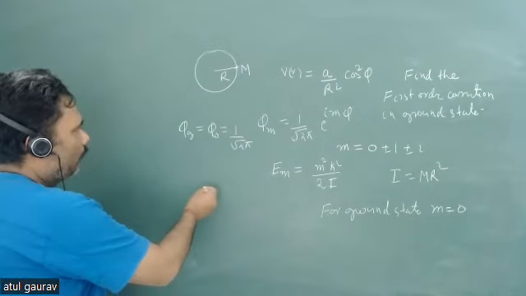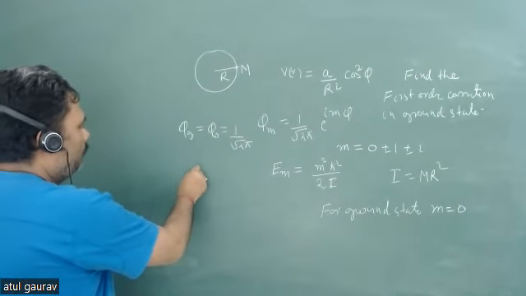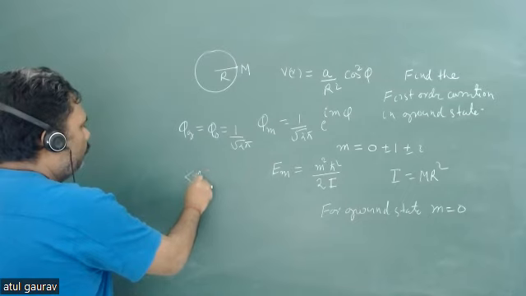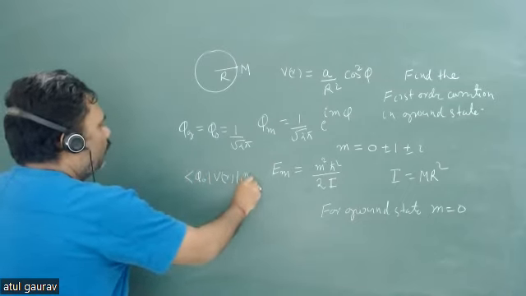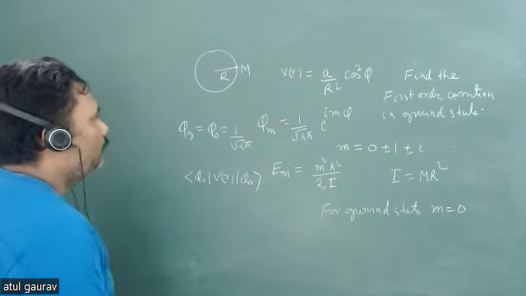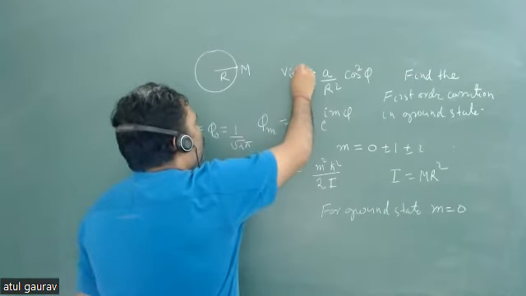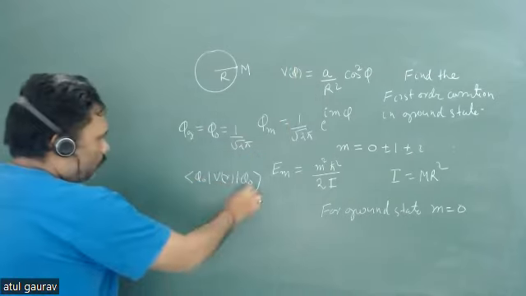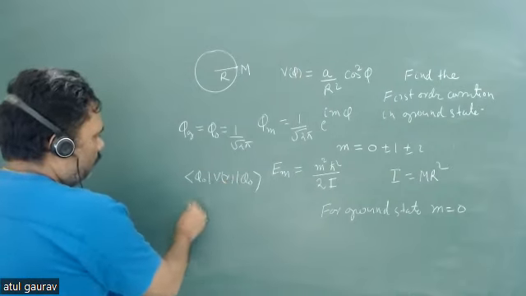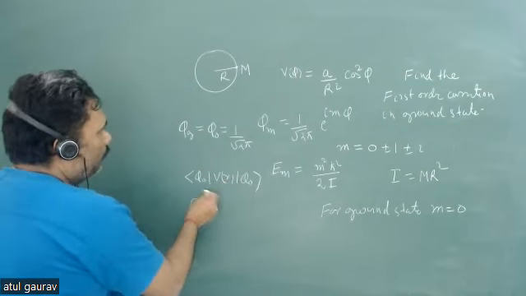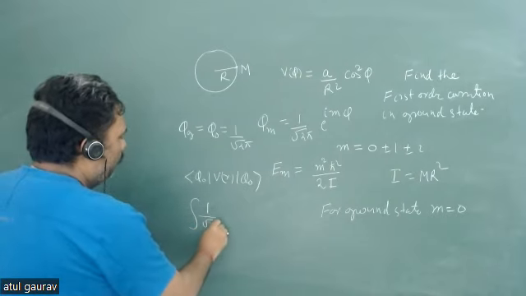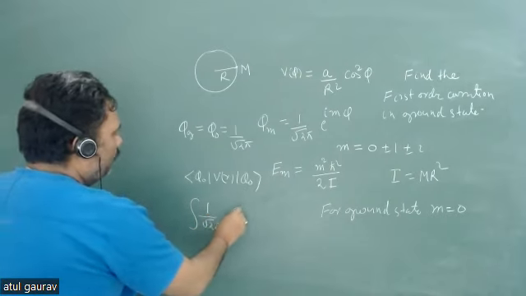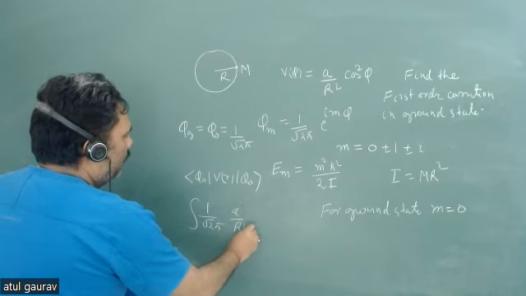So now if you are going for this perturbation term, then what will happen? You have to write phi naught V phi phi naught. This is your perturbation term, or V phi actually, not R. So if you have this particular thing, we will write it in terms of integration. What is the value of phi naught? 1 upon root 2 pi. The value of V? A upon r square.